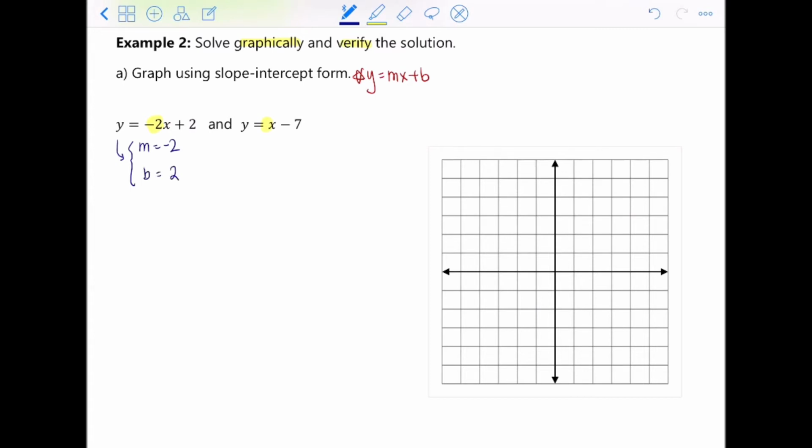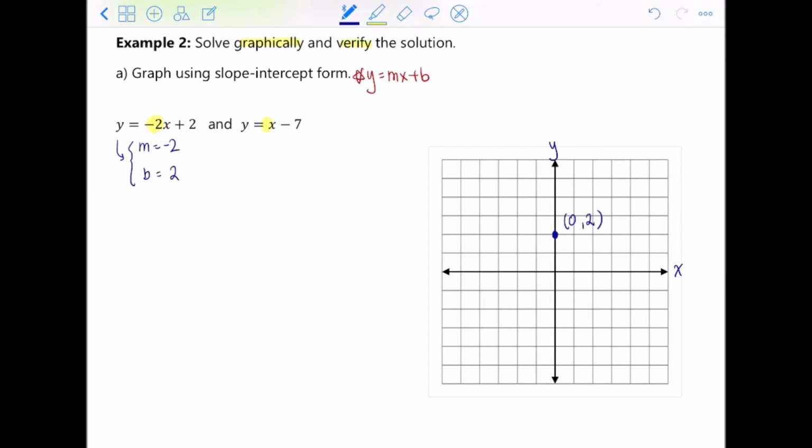So we can actually start graphing this right away. Notice that the horizontal axis is x and vertical is y. And b is the y-intercept. Therefore, let's say this is +2. So the y-intercept happens at 0 and 2.